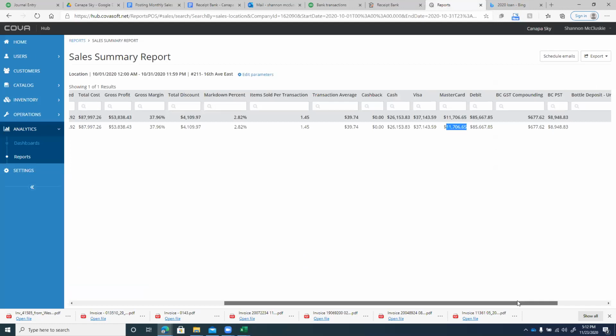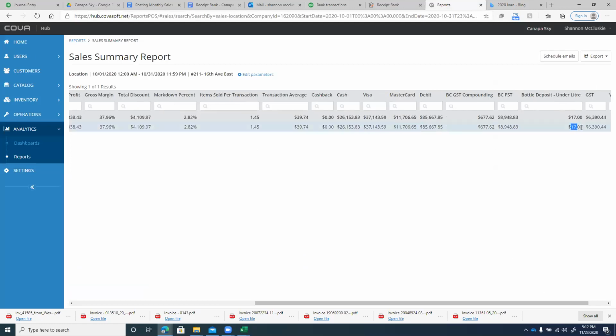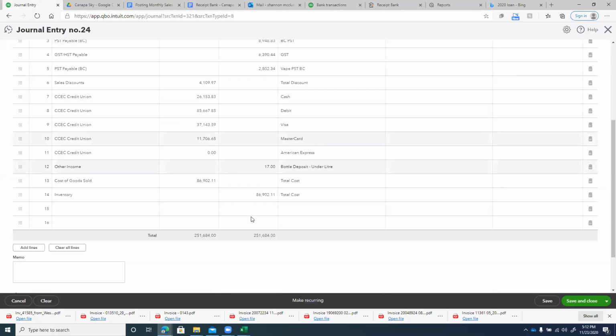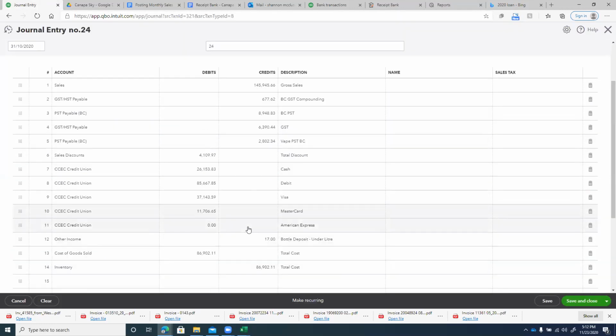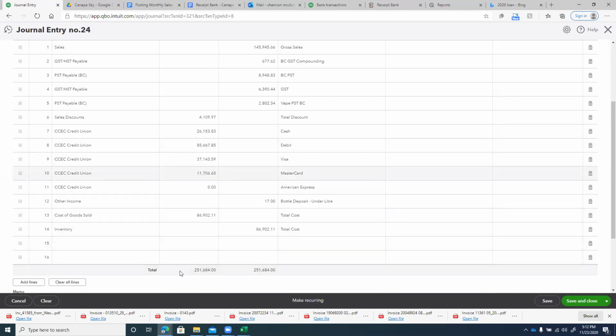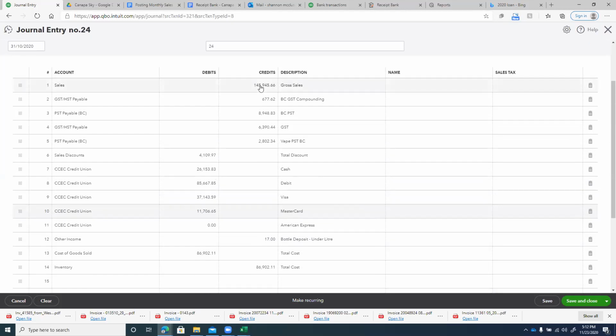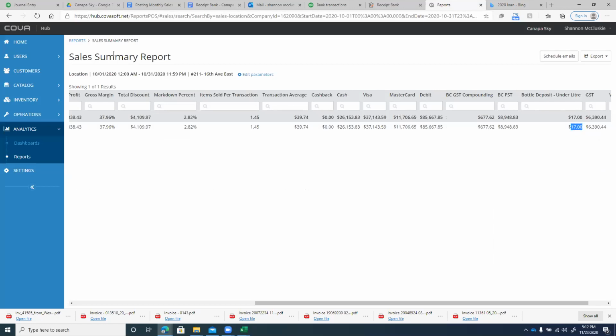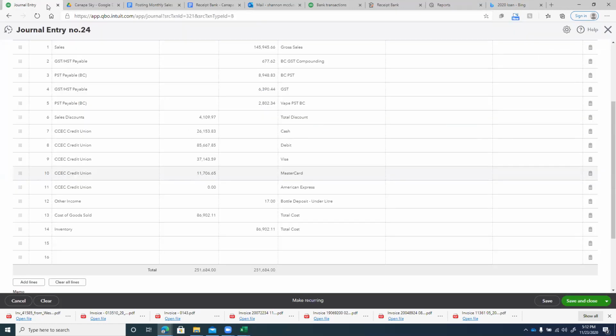Bottle deposit, $17. So if we have entered all of this, if we have copied all of this correctly, when we come down to the bottom, this will balance. If this doesn't balance, it's because you didn't copy something over from here correctly. So just go back and look at it again.